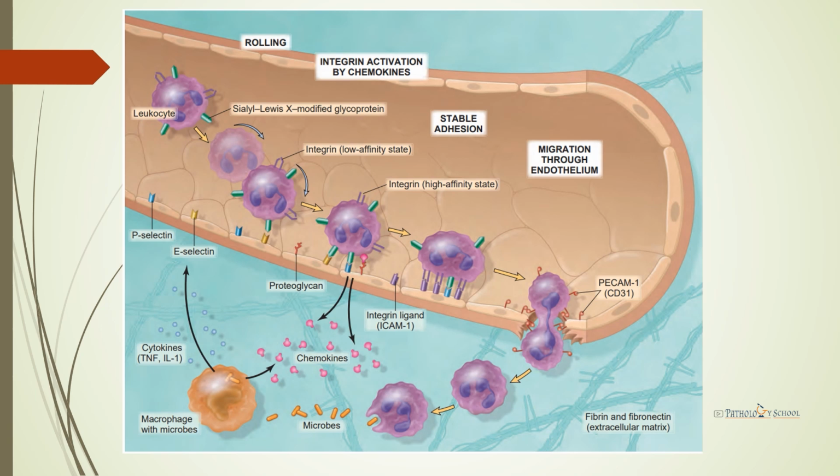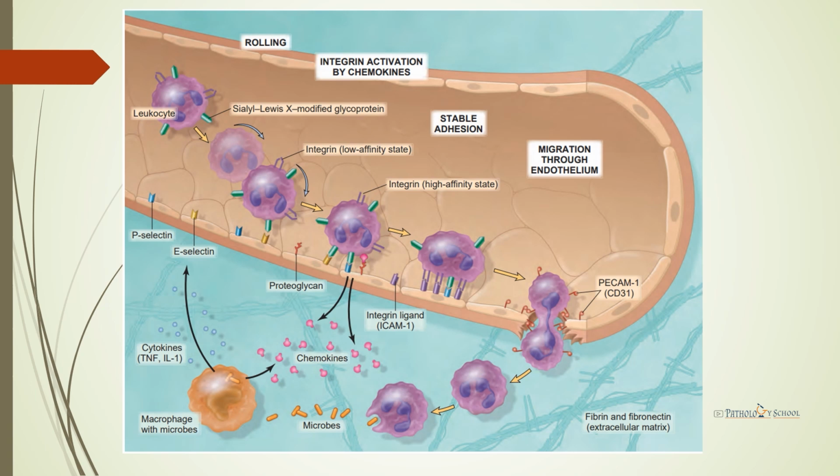After that, they interact with the endothelial cells. Firstly, the selectins help in the adhesion of the leukocyte to the vessel wall, but the adhesion is not firm. They start rolling, and after that, the integrins come into play.